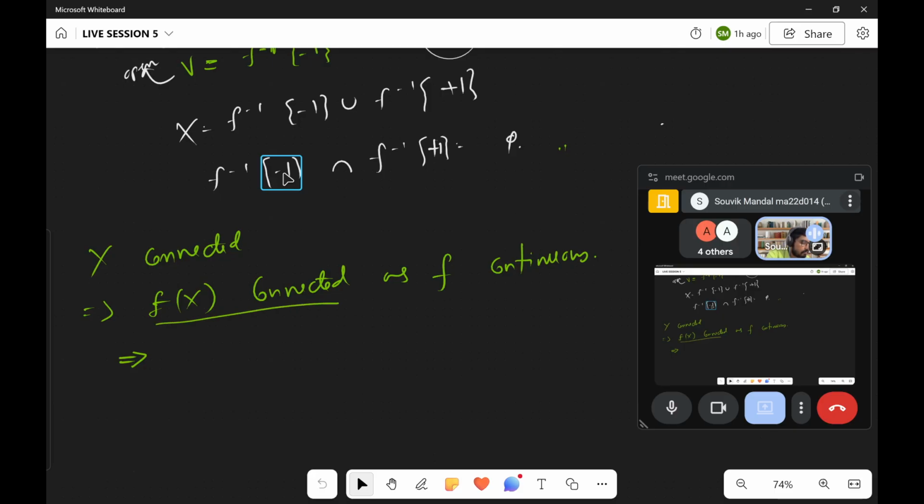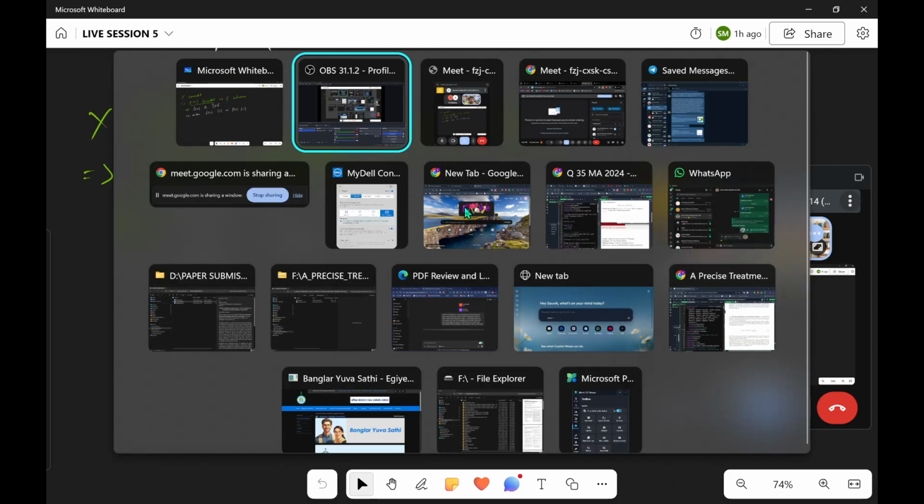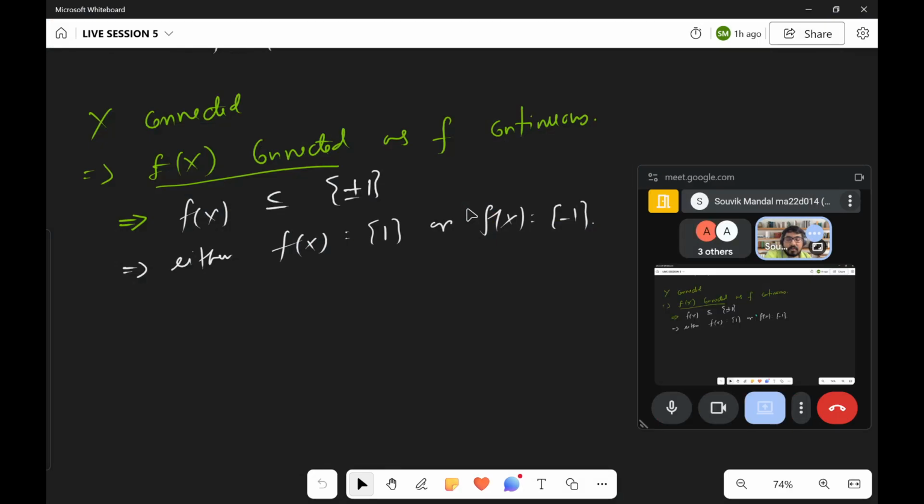Since f is continuous, f of x is connected, but this f of x is a subset of plus minus 1. So this implies either f of x equals plus 1 or f of x equals minus 1. Is it clear? So that is, f has to be constant. So this is another argument. Is it clear?